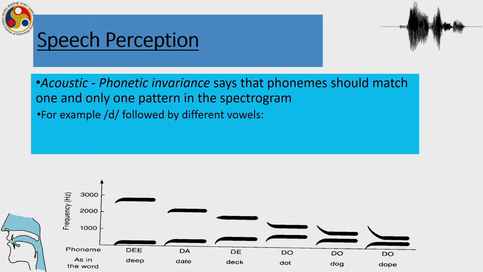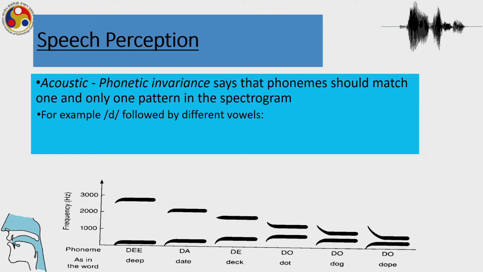It starts from D as in deep, day as in date, day as in deck, and daw as in dot, dog, and dope. In the presence of these different vowels, we can see that the formants vary greatly. So, we know the formant transitions are quite different.